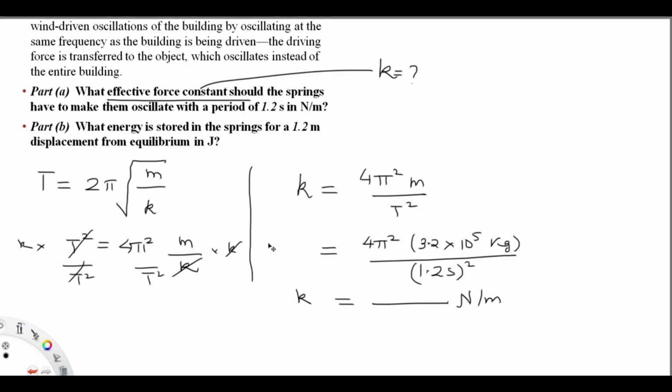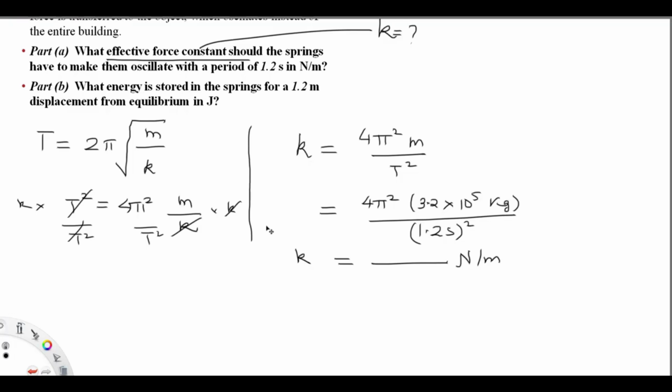And then what is the energy stored? So we know from our previous chapter, the spring stores potential energy, which is given by this formula. So potential energy of a spring, either compressed or stretched, is 1/2 k delta x squared.